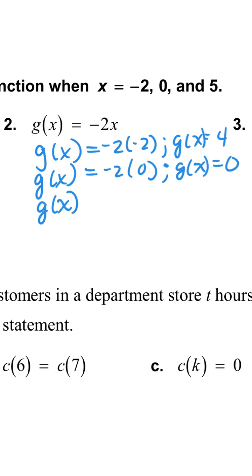And finally, g of x is -2 times 5, which gives us -10.